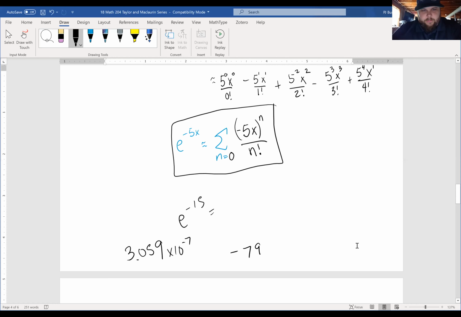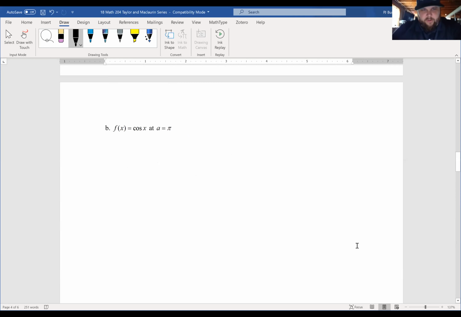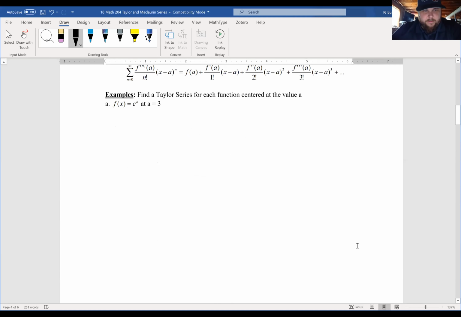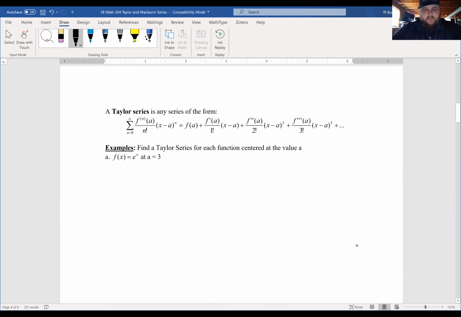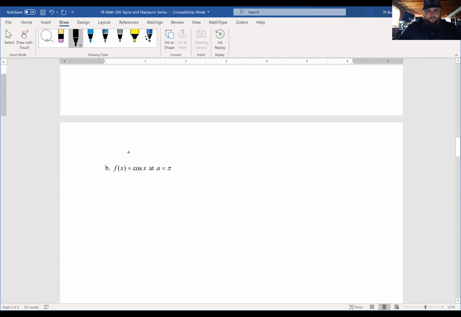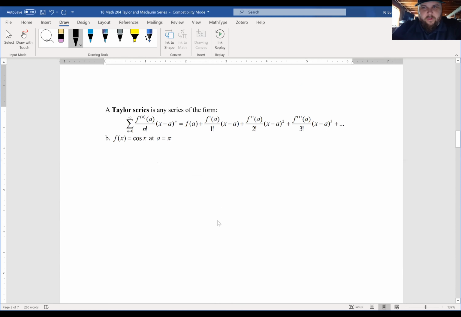So I think there's one more of these. I want to go back now and do the Taylor series. I'm going to go ahead and do the cosine one here. So let me actually copy this to that page. Recall that in the notes it said that the Maclaurin was a special Taylor series where A was equal to 0.